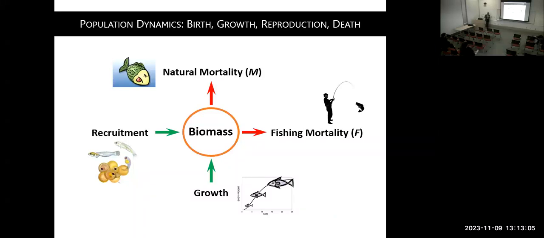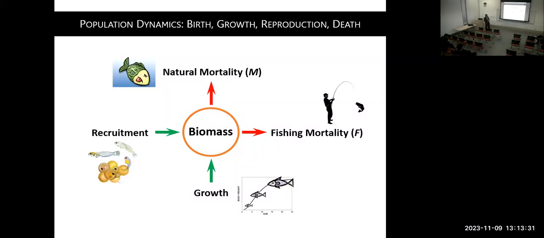But stepping back a little bit, we do have a lot of choices of models, but the goal of our research is to figure out how fish biomass changes over time and over space. It's a very complicated process, but you have to isolate all those processes. Biomass is affected by two kinds of mortality.